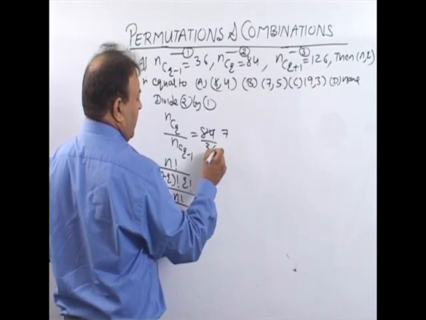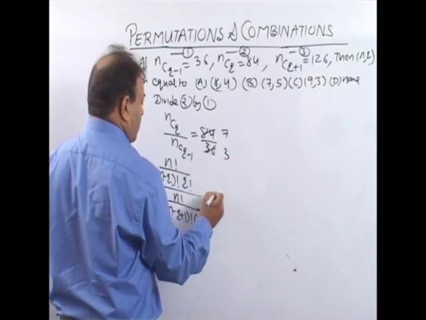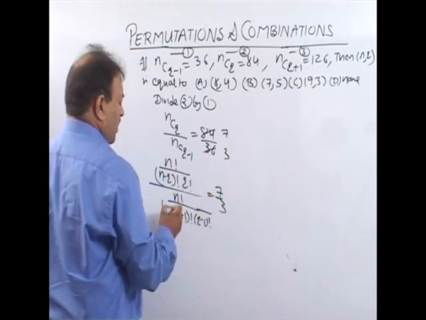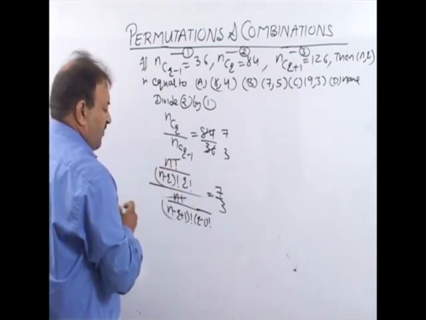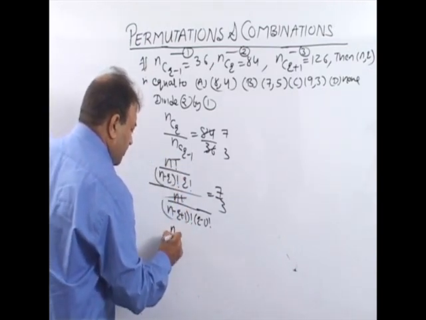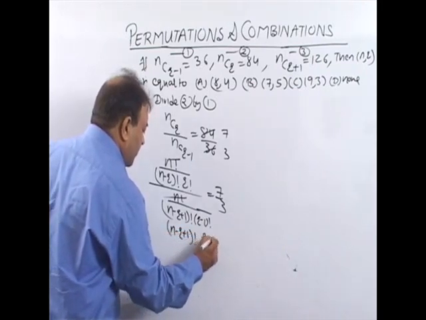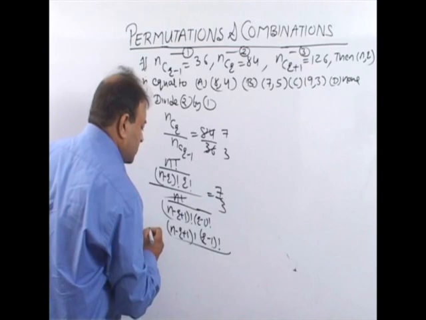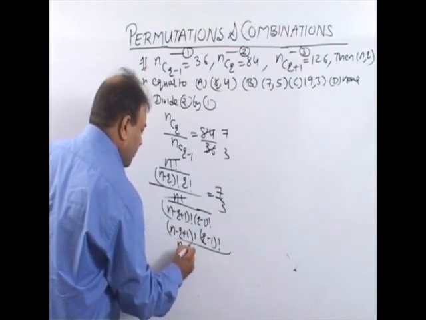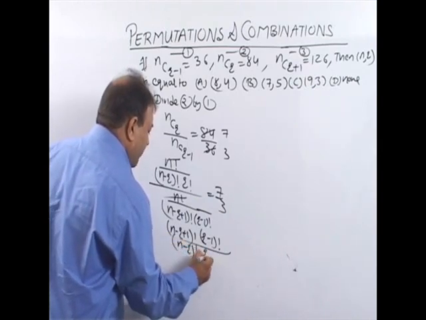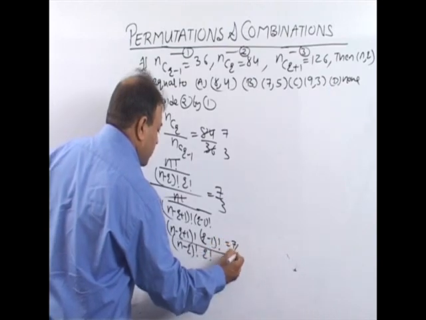12, 7 84, 12, 3. This is equal to 7 by 3. Clearly n factorial will be cancelled out. We are going to get n minus r plus 1 factorial, r minus 1 factorial over n minus r factorial is equal to 7 by 3.